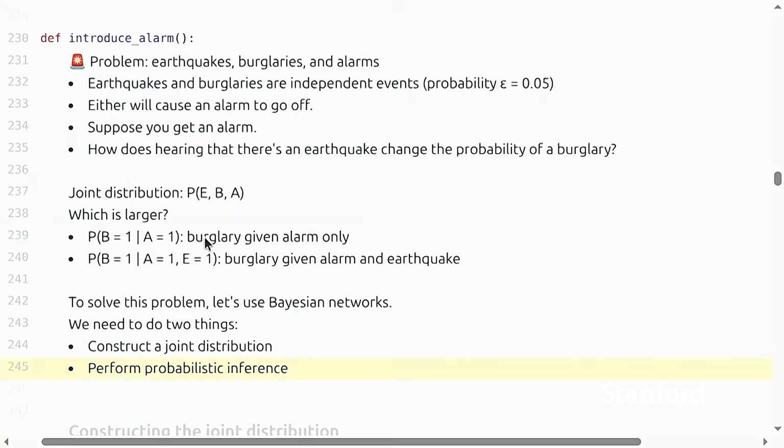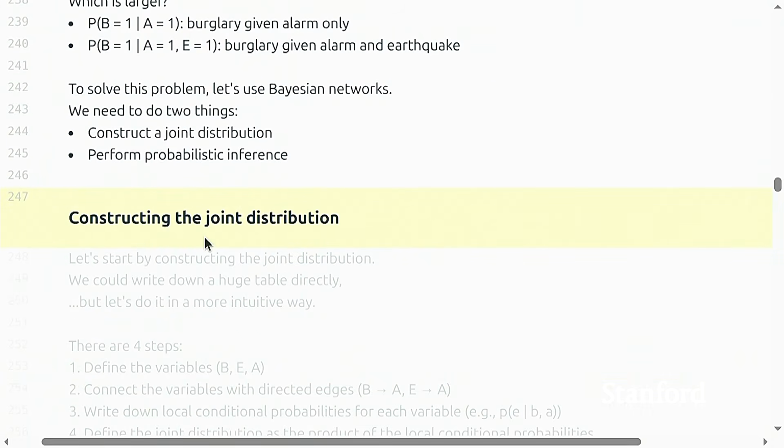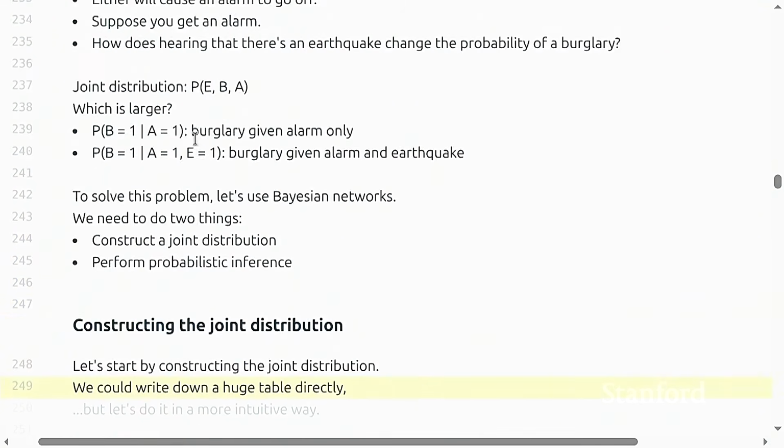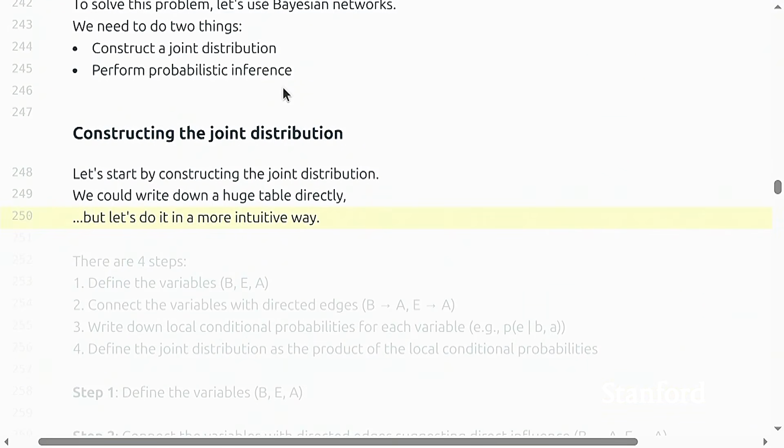All right, so let's first construct a joint distribution. We could just write down this huge table directly, right? It's not that big. There are 8 possible assignments to 3 variables, 2 to the third. So we can just write them all down. But it's going to be much nicer to do this in a more intuitive way, and the more intuitive way has 4 steps.